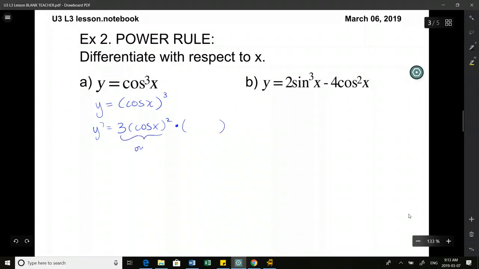So this is the outside. And I want to do the inside. So what should I get for the second part? Negative sine x, good. So I think we can just simplify it a little bit to negative 3 cos squared x. Usually that's how we would write it. And then it will be times sine x. So that's kind of how we would usually write it. Olivia?